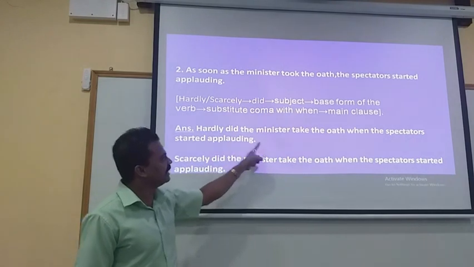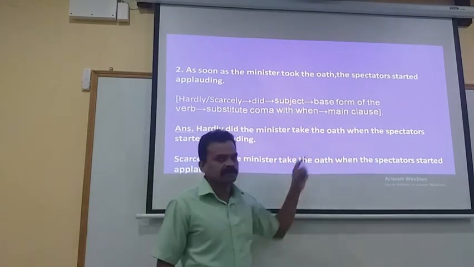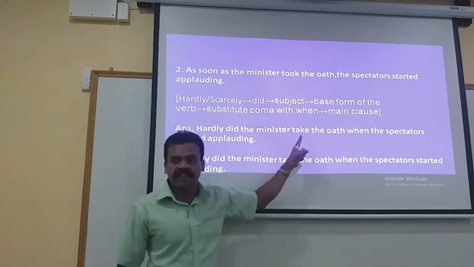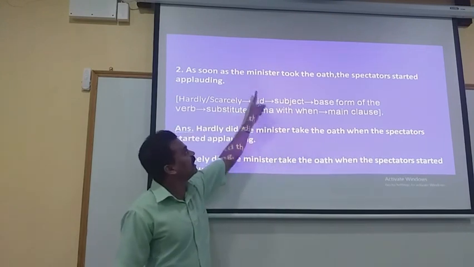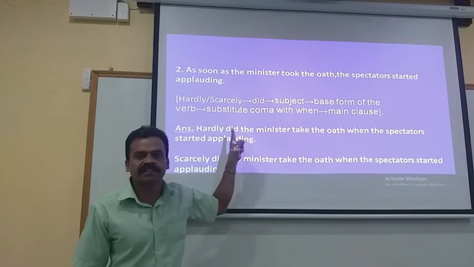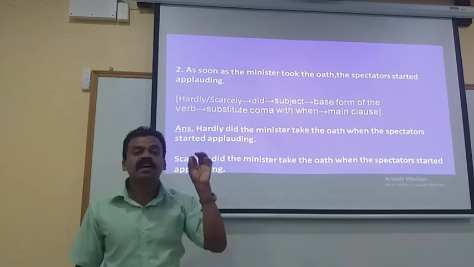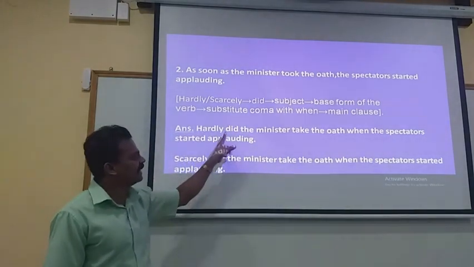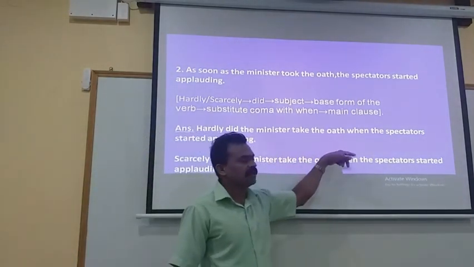I hope the students are getting cleared about why took is changed into take. The reason is we have already made use of the second form of the verb, that is did. So the next verb is in simple present or its base form. So, hardly did the minister take the oath.